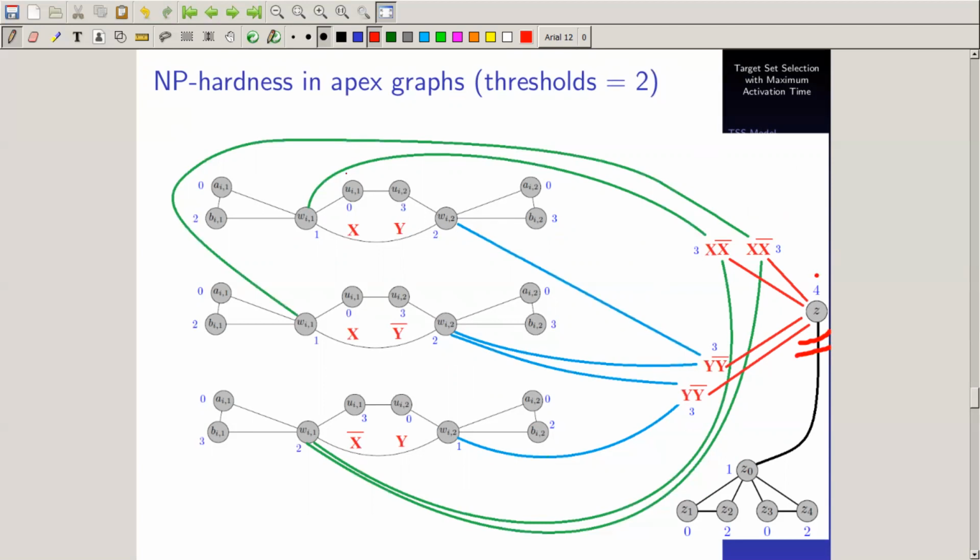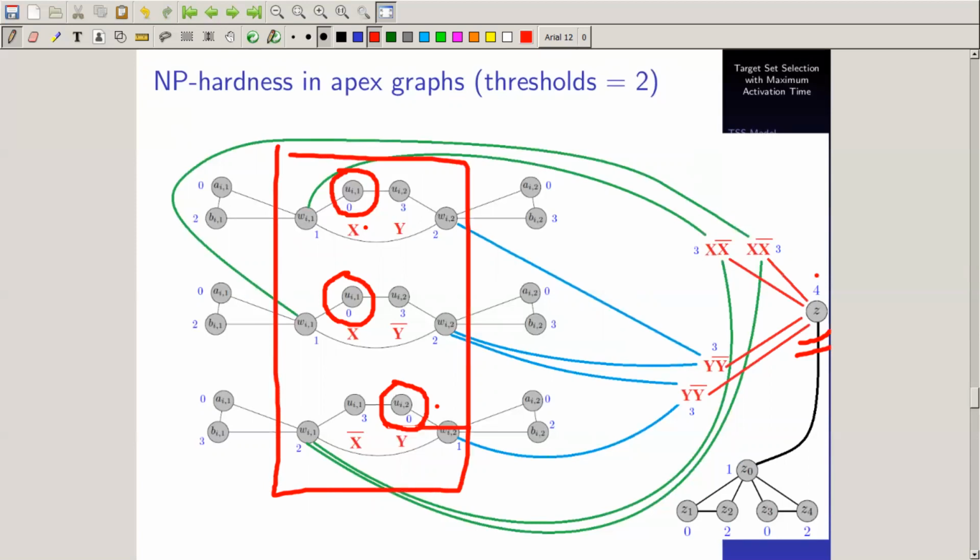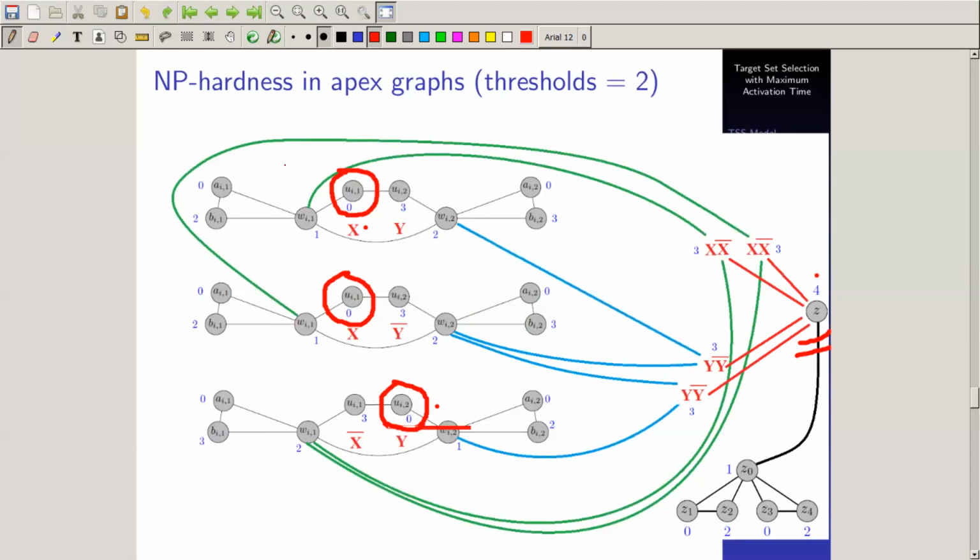The vertices chosen in these gadgets represent the true literal in the gadget. So in this case, we have x true and y true, which satisfies all clauses. This assignment. Okay. So the vertex z is the only one with activation time 4, since this vertex 1 helps to activate it.